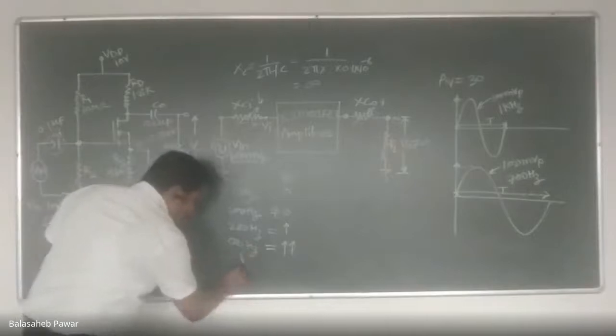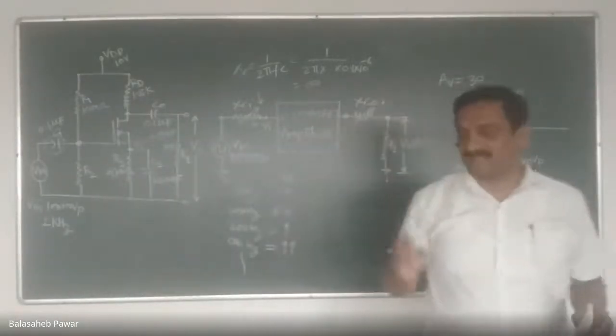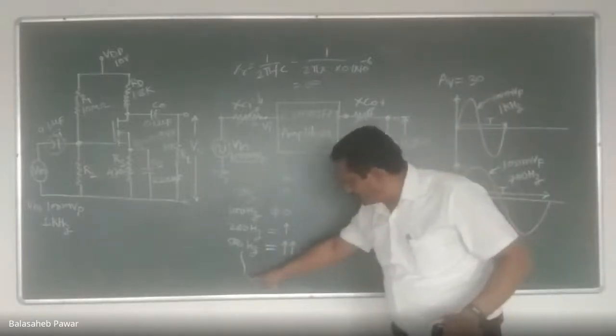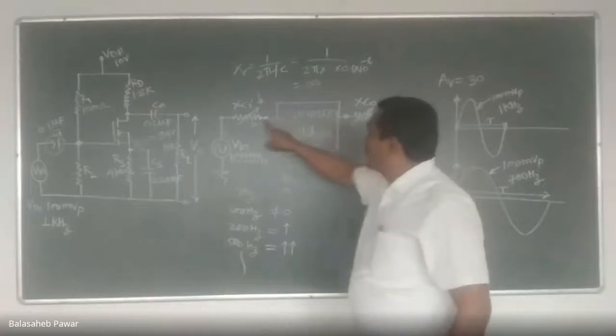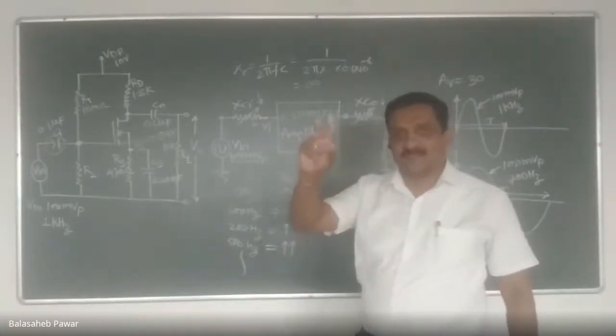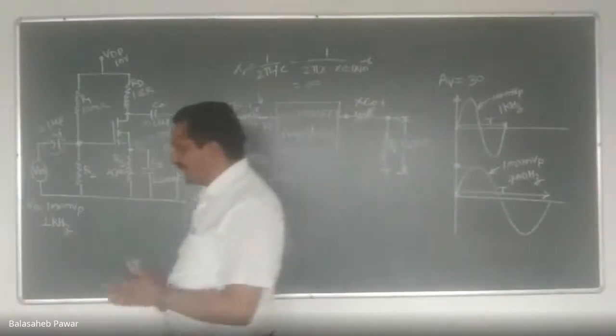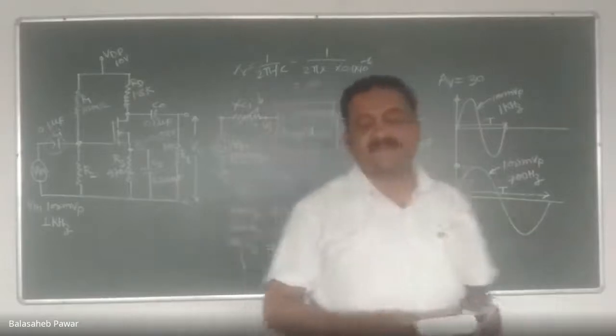Now, at a particular frequency of the increased input signal, the reactances offered by both the input and output coupling capacitors will be as good as 0 ohm. Already we discussed all these things during our prerequisites, right?